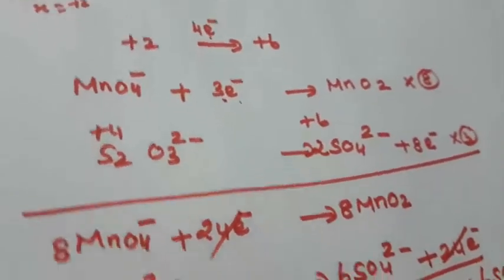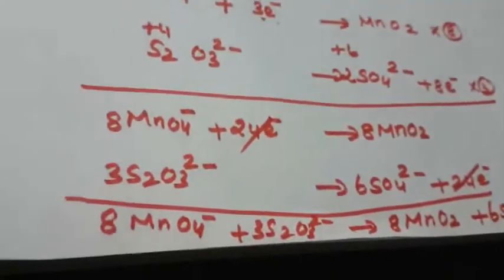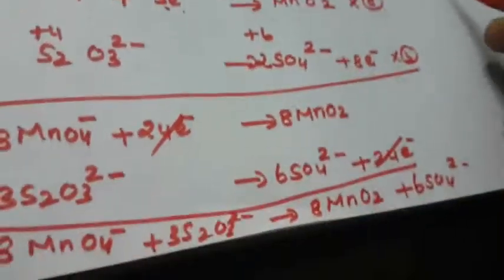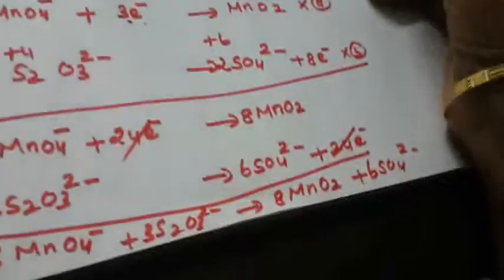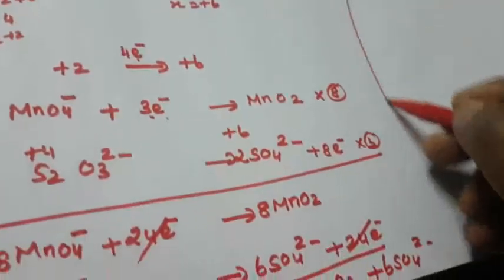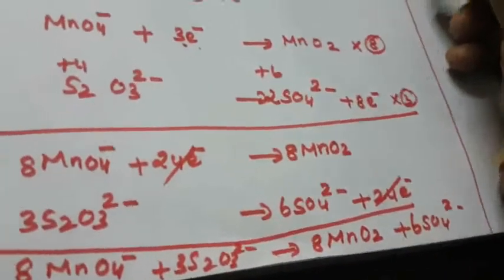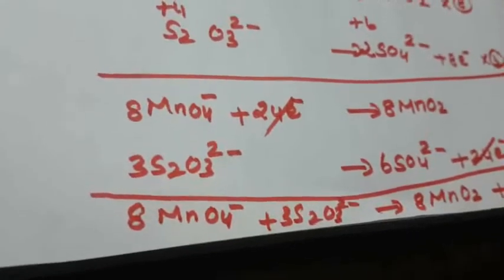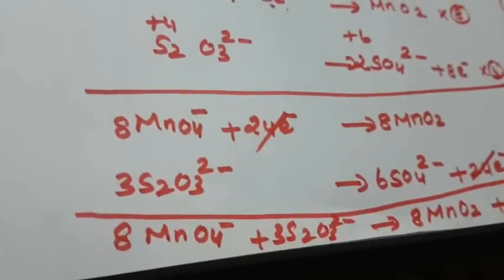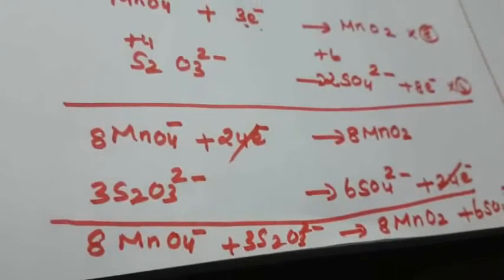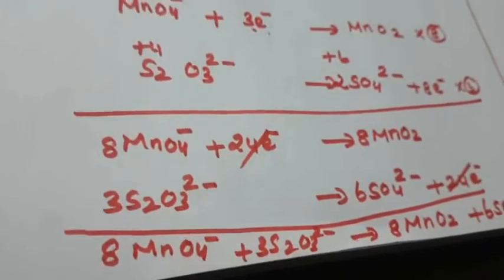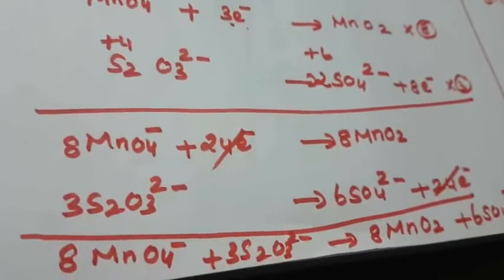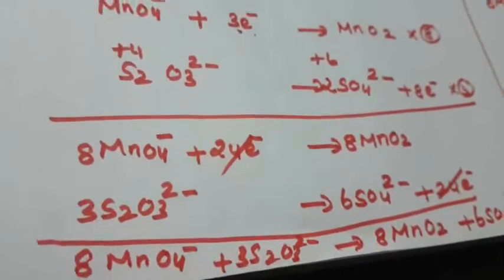So now we are balancing the oxygen. What is the total oxygen here? 8 4s are 24. I am writing this equation: 8 MnO4 minus plus 3S2O3 2 minus gives 8 MnO2 plus 6SO4 2 minus.